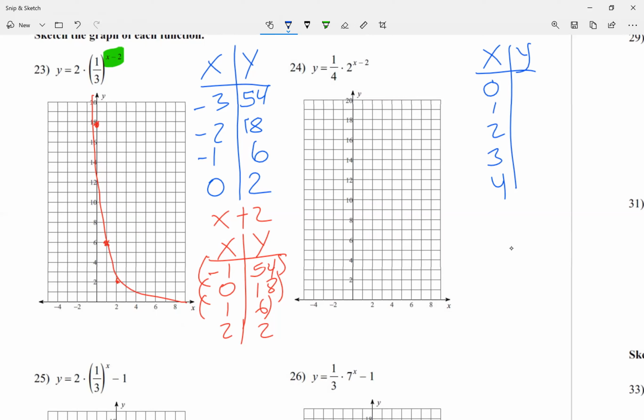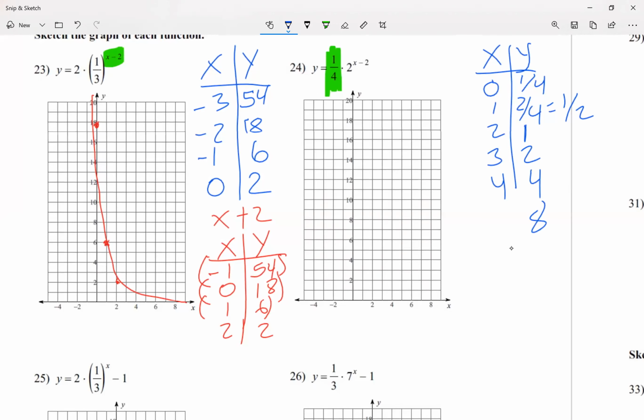Now, my first number or my y value is going to be 1/4. You guys can see where I get the 1/4 from. In order for me to get my next value, I have to multiply this by 2. 1/4 times 2 is 2/4, better known as 1/2. 1/2 times 2 is 1, and then times 2 is 2, and then 4.